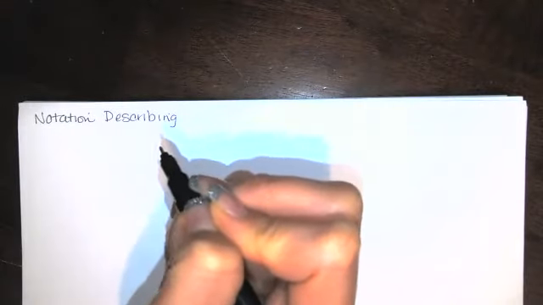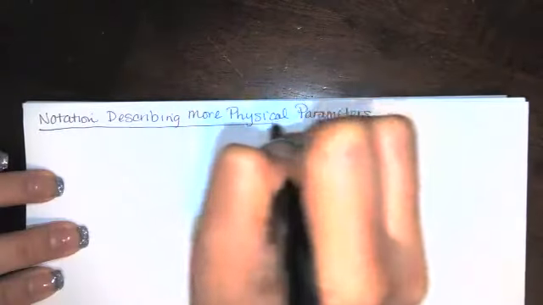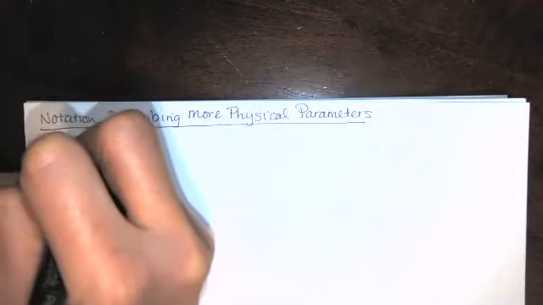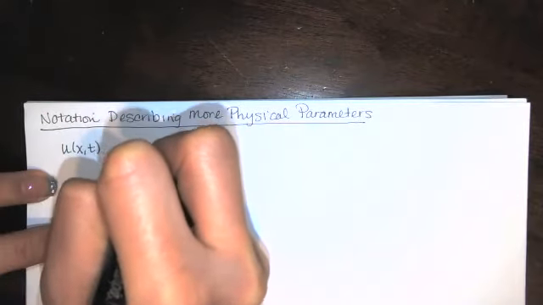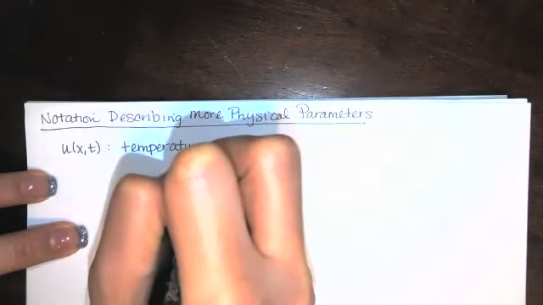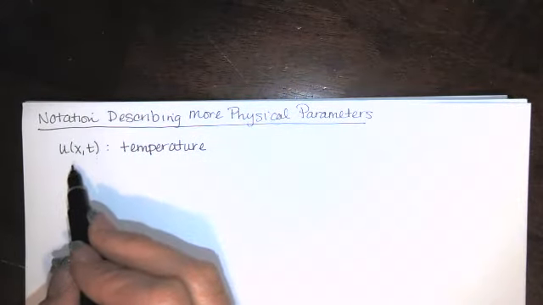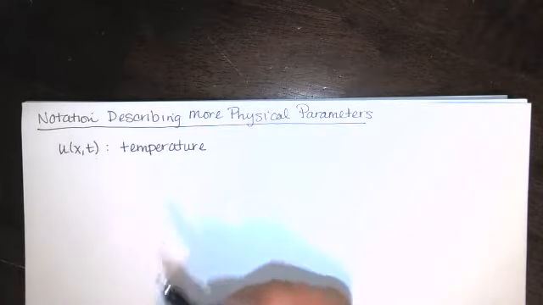We want to describe this in terms of temperature. So here's a notation that is pretty standard. U of x and t is going to give us the temperature in that rod at position x in the rod for x between 0 and L and at time t.